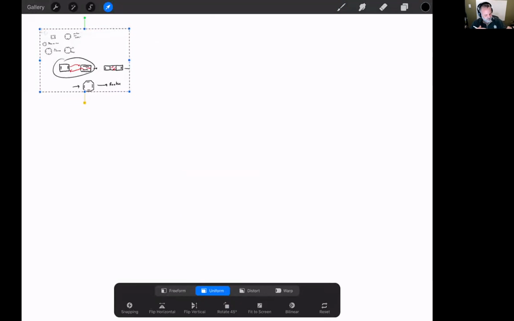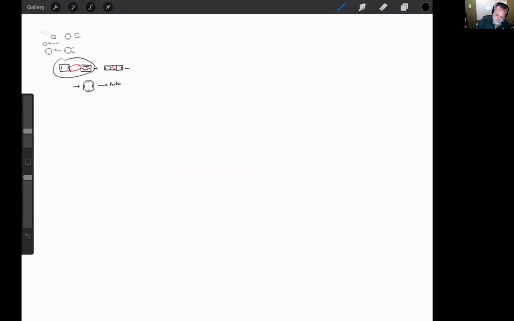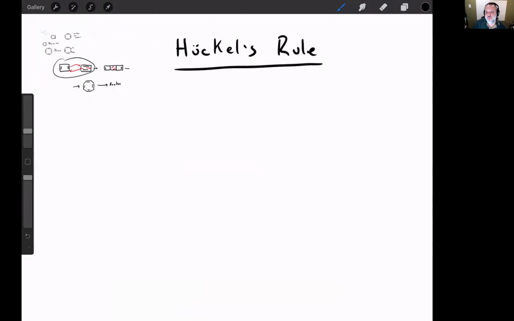And so what we get to is this idea that there are only particular situations that involve aromatic compounds. And when I say aromatic, I mean that they have this increased stability. And we get to this rule, and it's called Huckel's rule. Huckel's rule helps us predict when we might see some aromatic stability from a set of pi electrons.